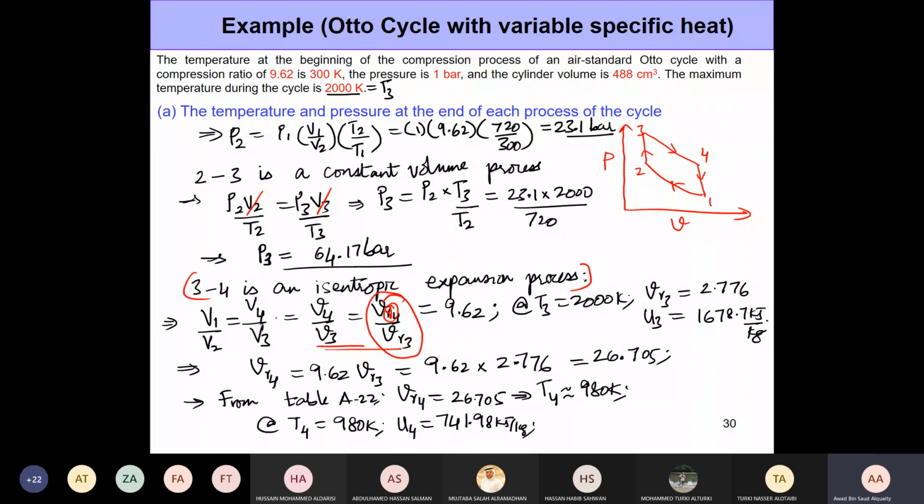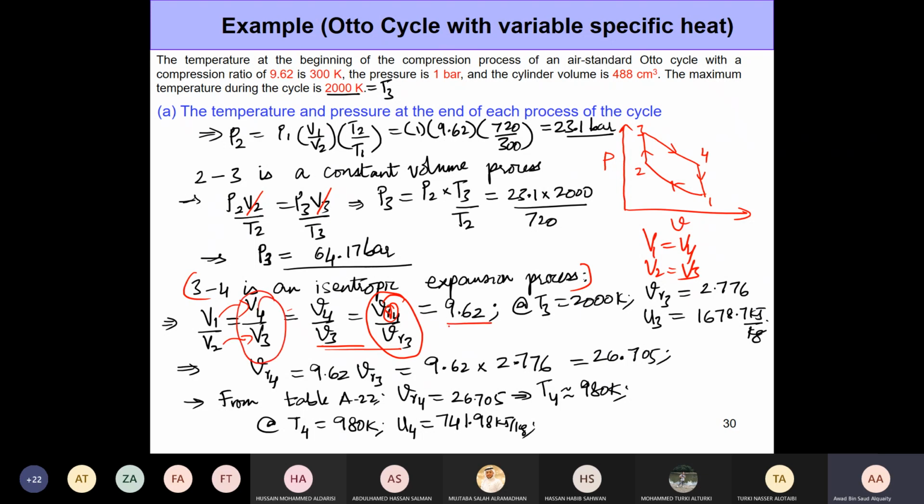Now, we don't know V4 by V3, it's not given in the question, but we know that V4 is equal to V1 and V2 is equal to V3, since both are constant volume processes. So you can replace V4 with V1 and V3 with V2, and this ratio is something that we know now.